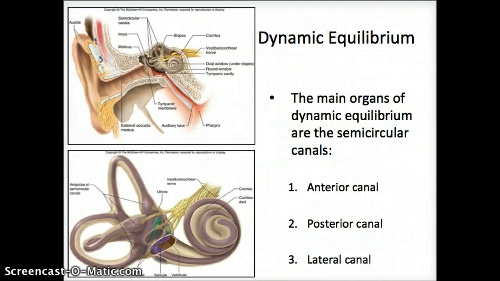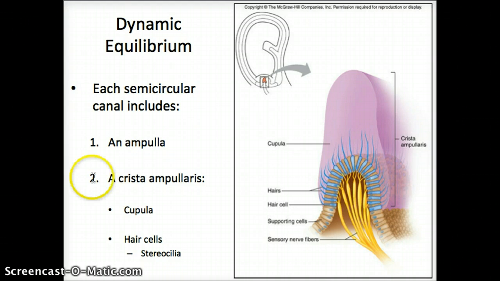When we're looking at dynamic equilibrium, this is a little more complicated because we're talking about the head turning in a rotational fashion. The main organs of dynamic equilibrium are the semicircular canals. We have the anterior canal, the posterior canal, and the lateral canal. They have an ampulla and then a crista ampullaris.